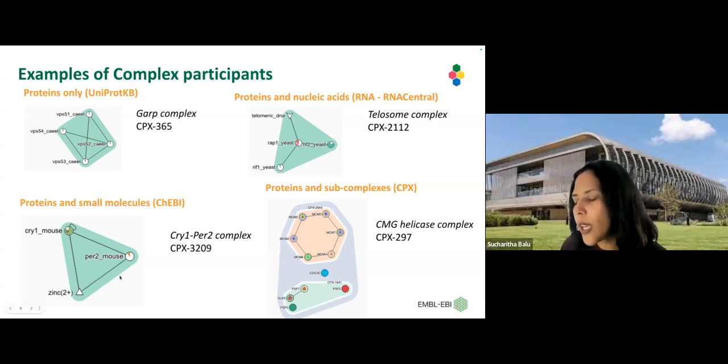And in the bottom left, we have a Cry1 mouse complex where the mouse proteins are interacting with zinc, which acts as a cofactor. And finally, we have another Saccharomyces complex, in this case a helicase complex, where you have 2 subcomplexes interacting to form the larger complex. So you have the MCM complex here, and you have a GINS complex here, each acting as a participant in a complex.